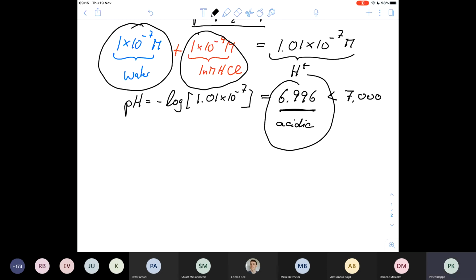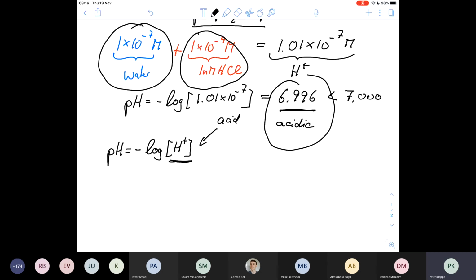And the reason why I gave you this sort of brain teaser is to really make sure that you understand what we are looking for. pH is the negative logarithm of the proton concentration. Lots of people go for the acid concentration here, but we are actually looking at the proton concentration.